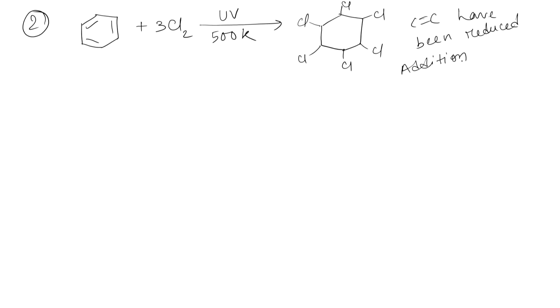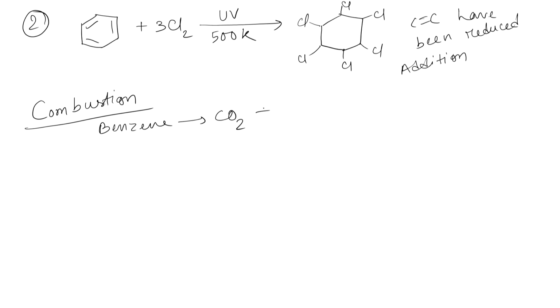Okay. The next type of reaction is combustion. Okay. So, combustion of benzene forms carbon dioxide and water. Okay. Now, when we were studying about alkanes and alkenes, we had studied about combustion.